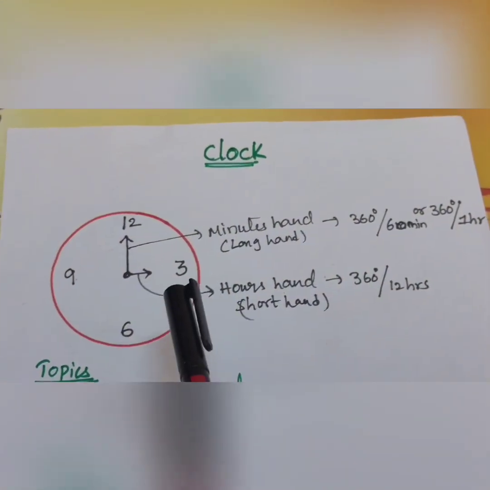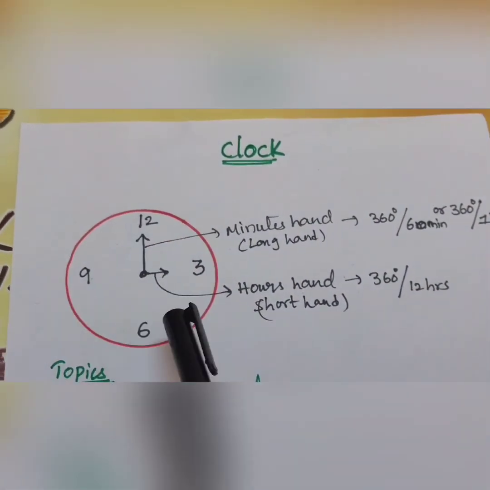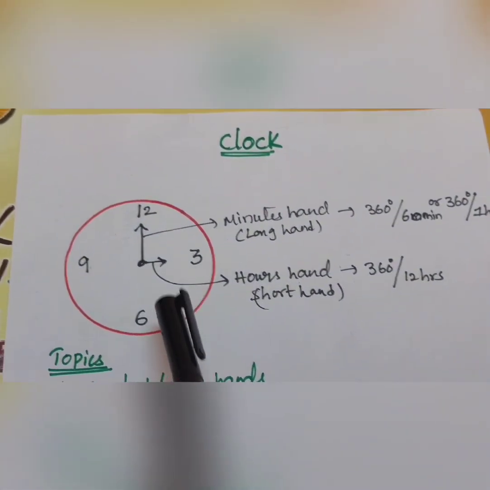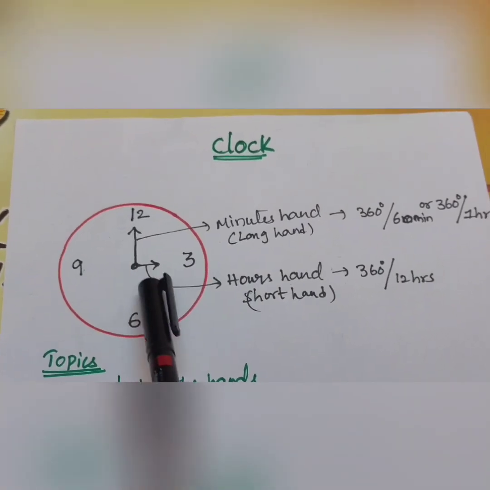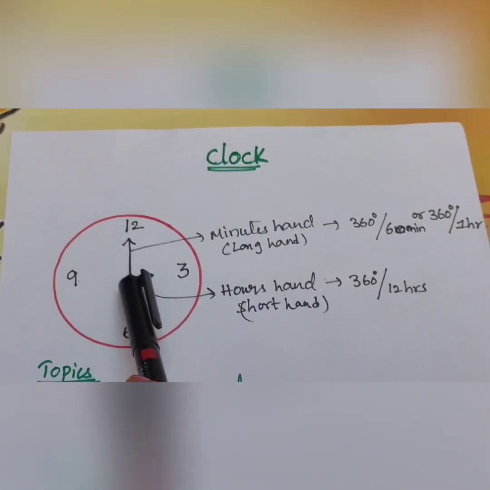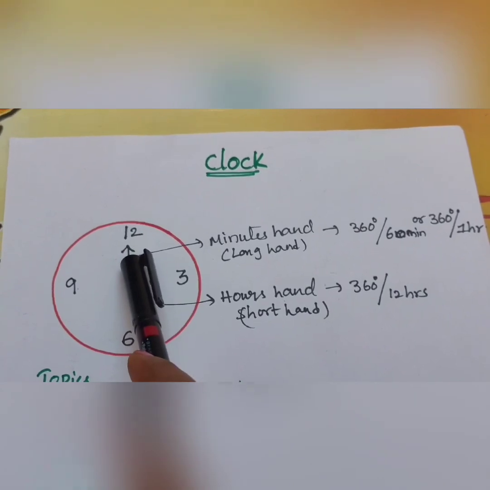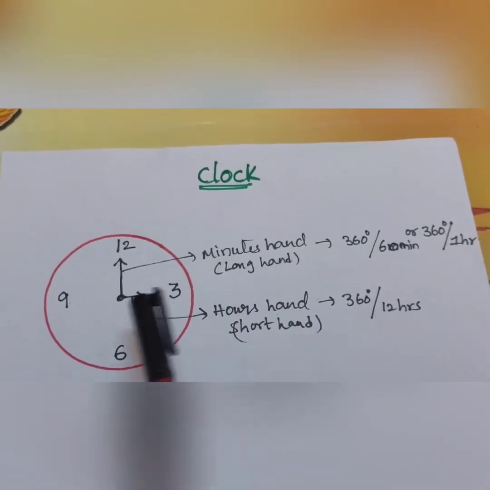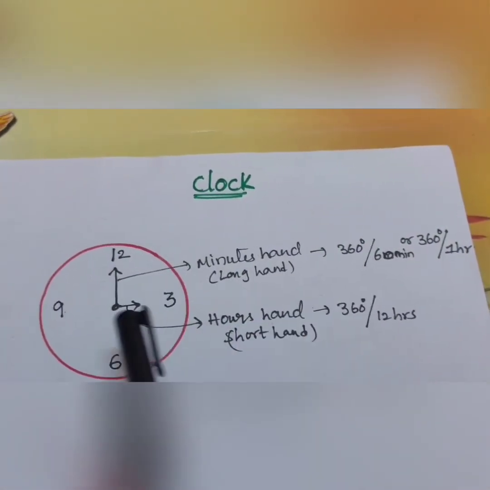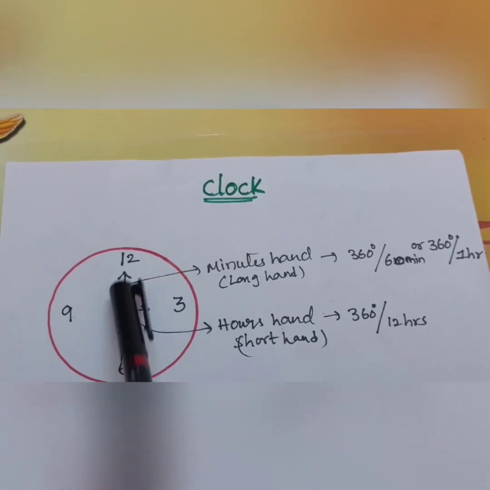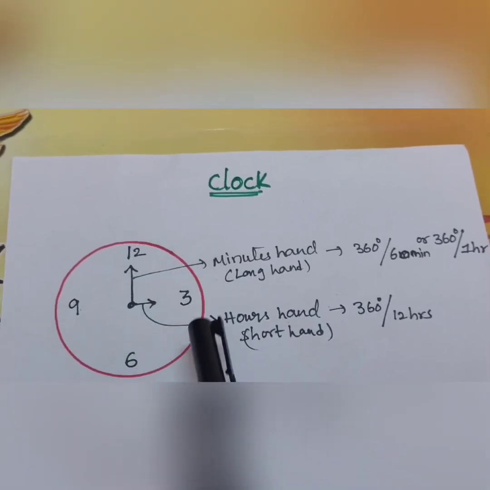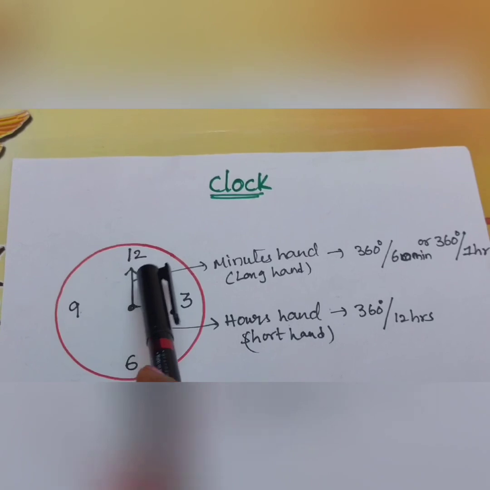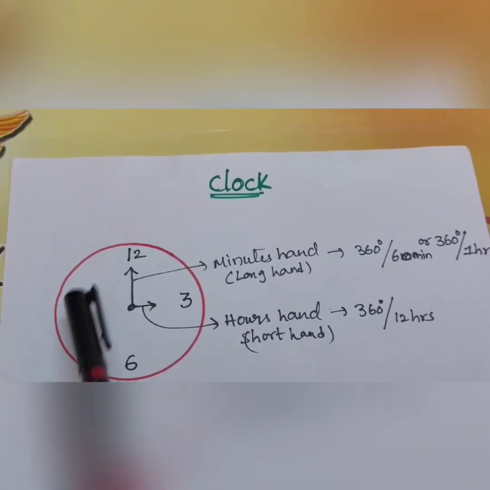Okay, so look at this clock. Actually, the clock shows 3 o'clock. The hours hand is called the short hand, and we know that the minutes hand is called the long hand. We need to observe that the minutes hand takes 60 minutes to complete 360 degrees, one complete rotation.